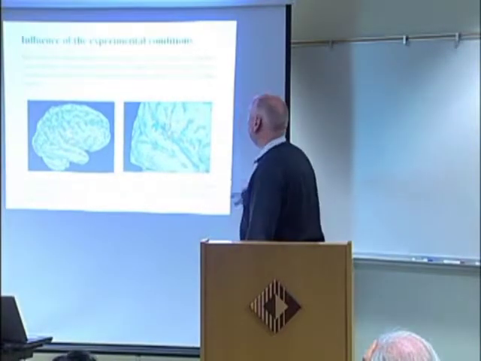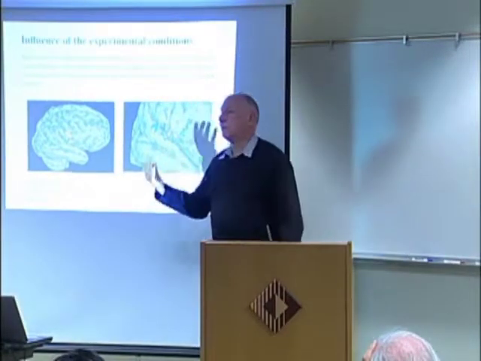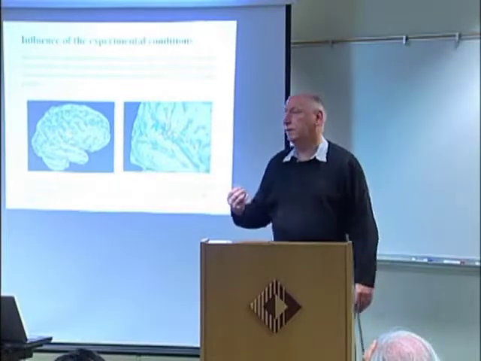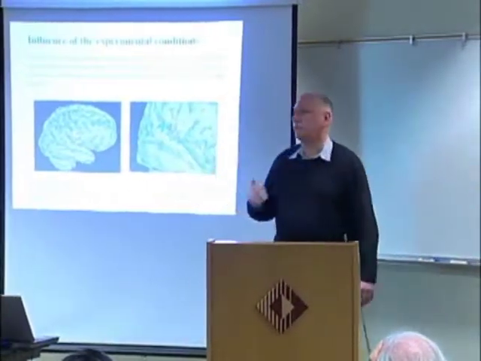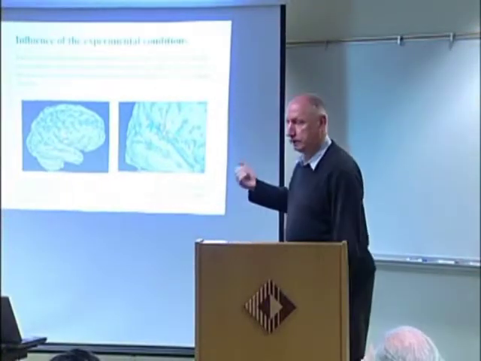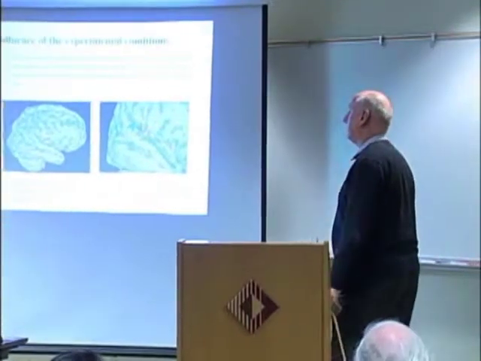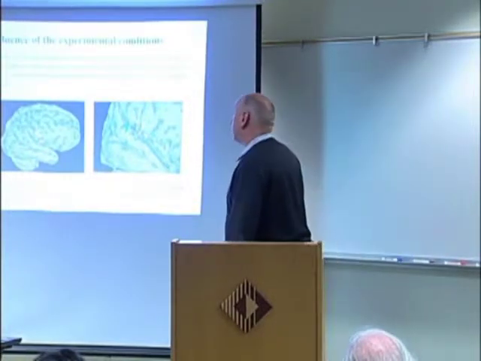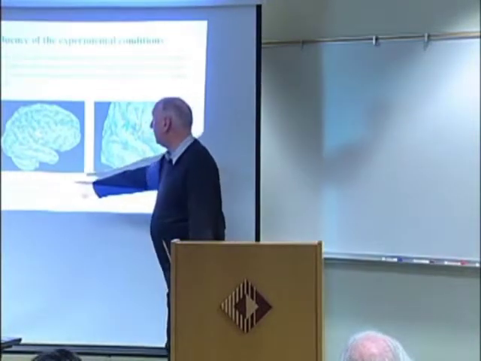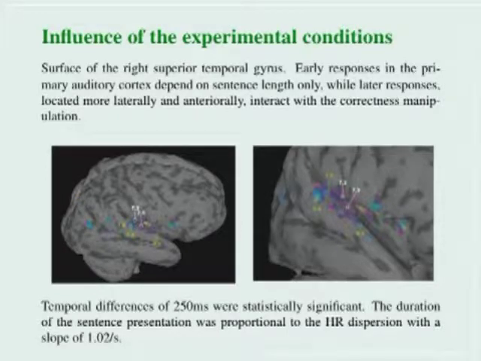So you have these early areas where the sentence is just perceived, and you have these later areas where part of the sentence is understood, or the grammatical violation is detected. Important to say that in this experiment we were able to resolve temporal differences in the lag times down to about 250 milliseconds.